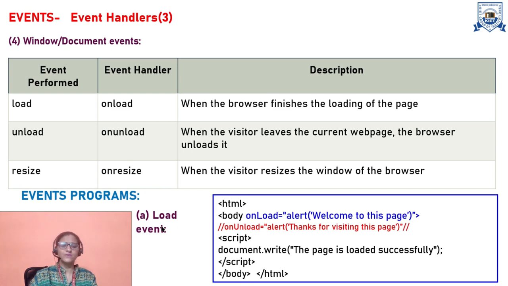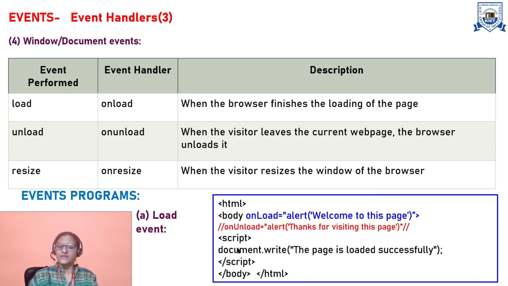Now we move to programs on the events. First of all, the load event. As soon as the body of the web page gets loaded in the browser, onload, what will happen? An alert window appears with the message "welcome to this page".